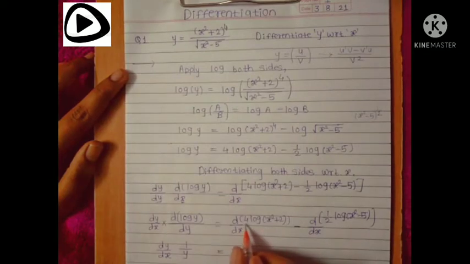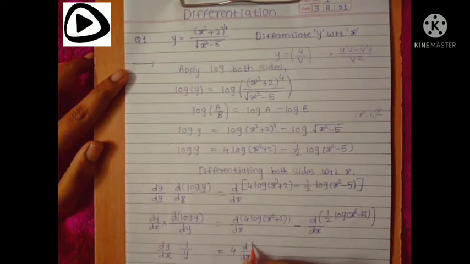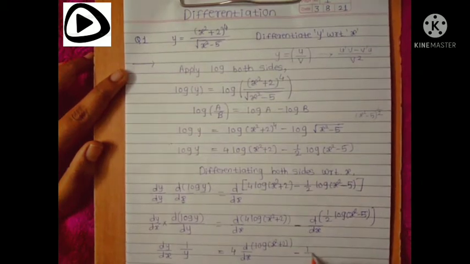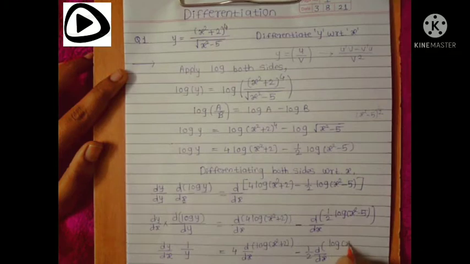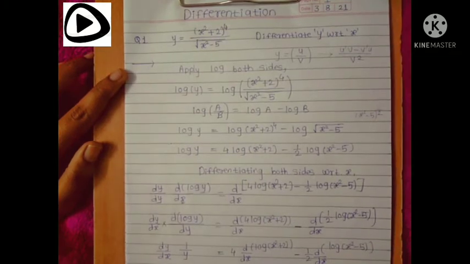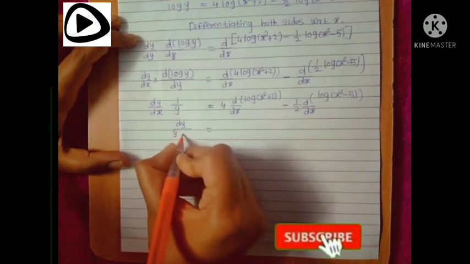This 4 is constant, so we take it out of the d by dx, and the half also comes outside.